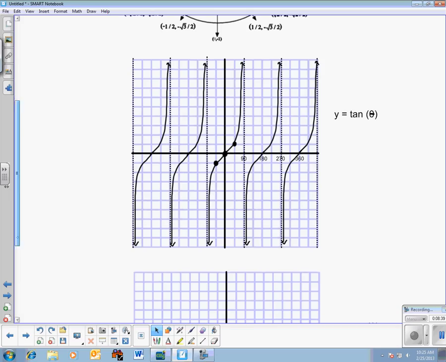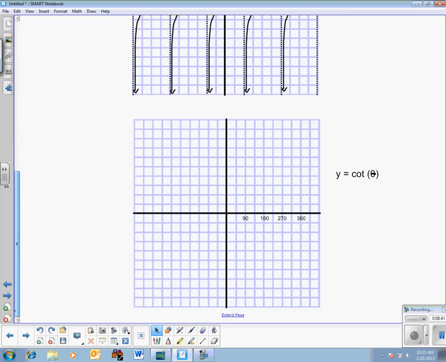And without a whole lot of extra work, I'm looking for my asymptote, draw a new asymptote. Cotangent is going to be pretty similar, although its 180 degree cycle starts at 0 and goes out to 180.